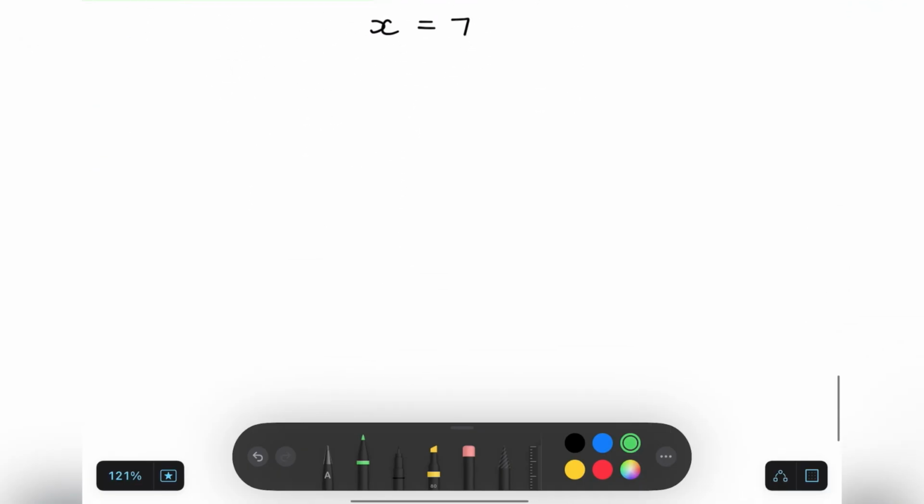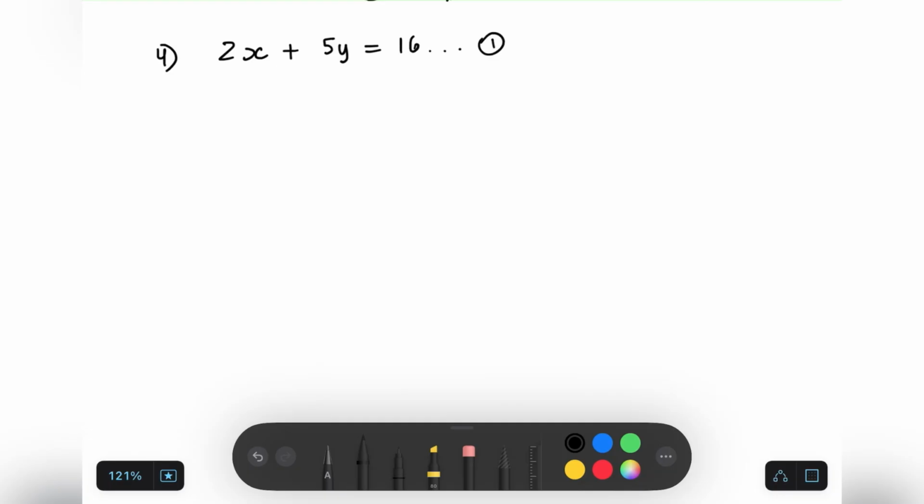Okay, so let's say I have 2x plus 5y is equal to 16. That's my first equation. And then the second one is 3x minus 4y is equal to 1.